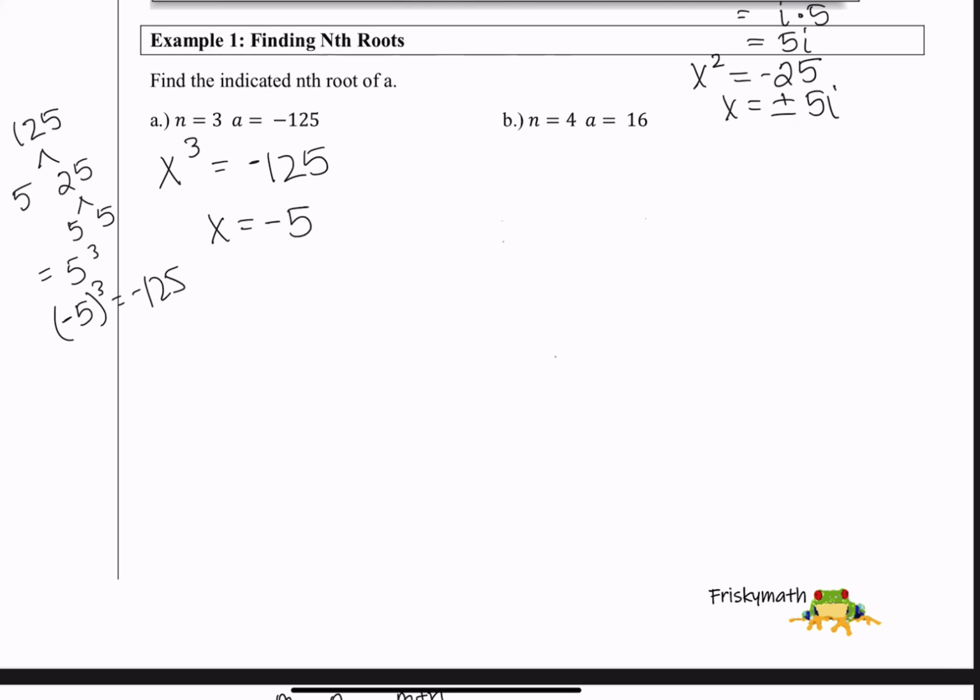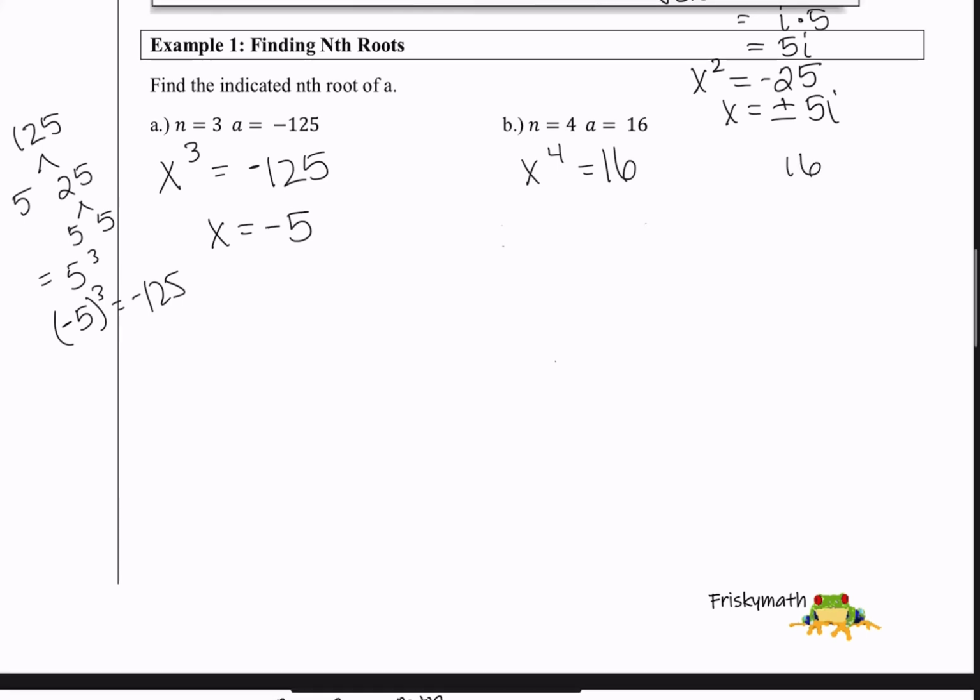All right, let's do the same thing with b. So in this case, I am raising something to the fourth power, and I am getting 16. So let's think about, is there anything times itself 4 times that'll give me 16? Well, let's see. 16 is 4 times 4. And then each of those 4s has factors of 2. So in fact, 16 is 2 to the fourth power. So I can say to myself then, if I raise 2 to the 4th power, I get 16.